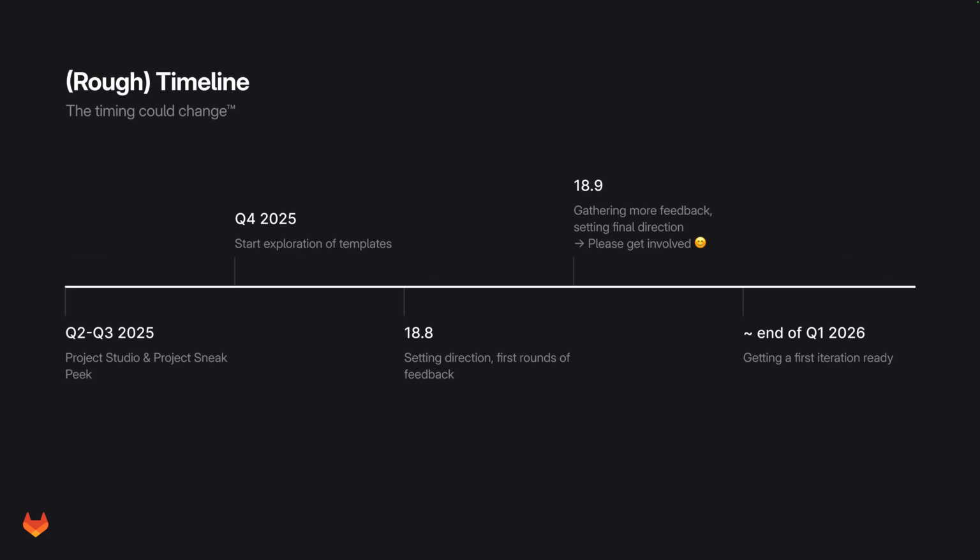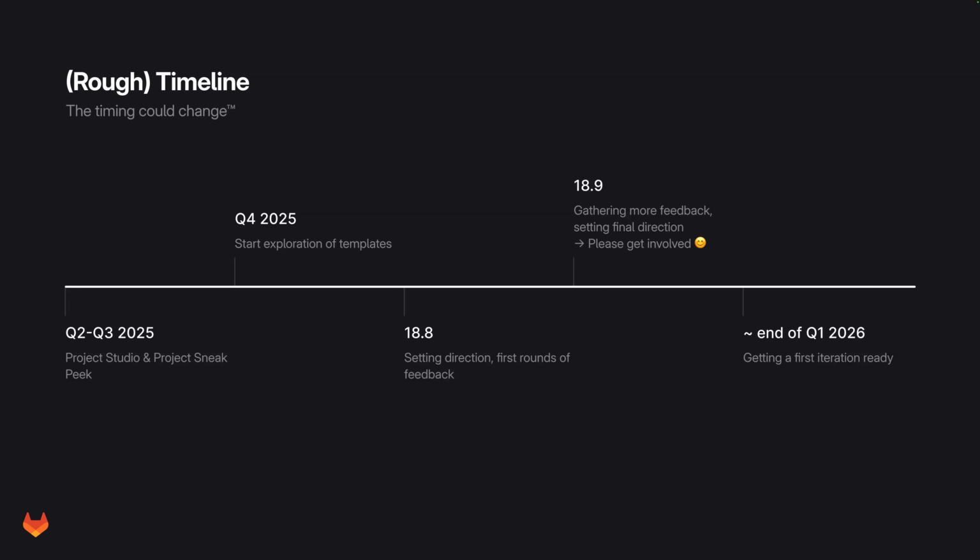All right, here's a rough timeline. Trademark, this could change. We started with Project Studio and Sneak Peek between Q2 and Q3 last year. Then we started with the exploration of templates in Q4. 18.8 was the setting direction, with a first round of feedback from design DRIs.